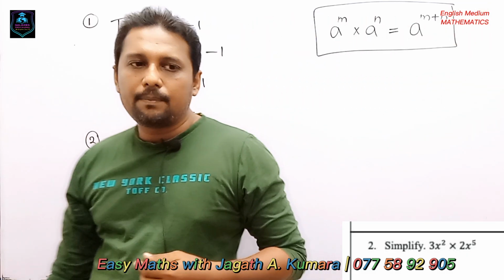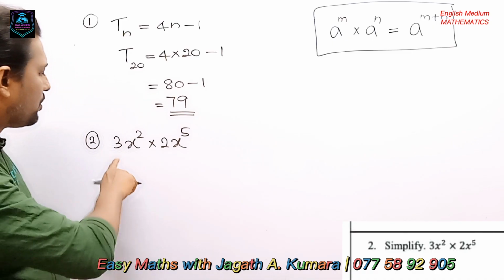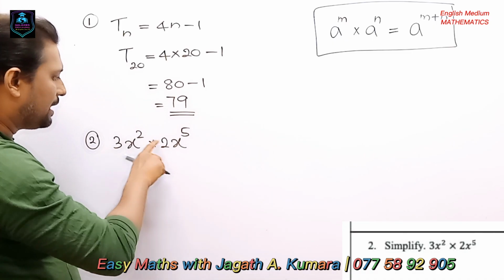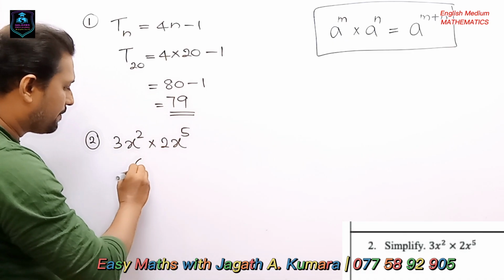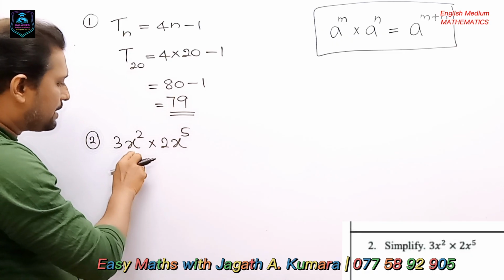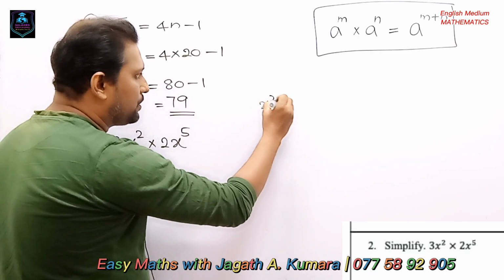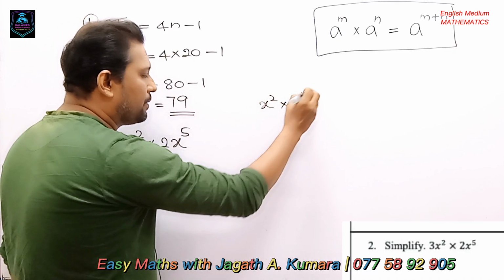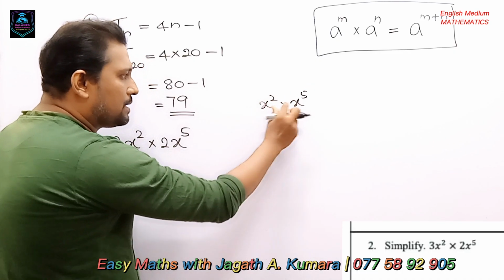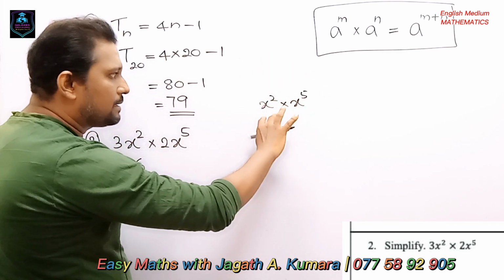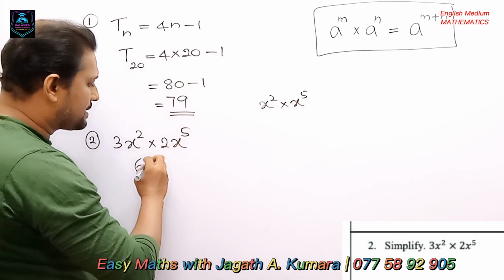First, you can multiply these whole numbers. What are the whole numbers? 3 and 2. 3 multiply 2 is 6. Then x to the power 2 multiply x to the power 5. Bases are same, so when you get the answer the base should be x.